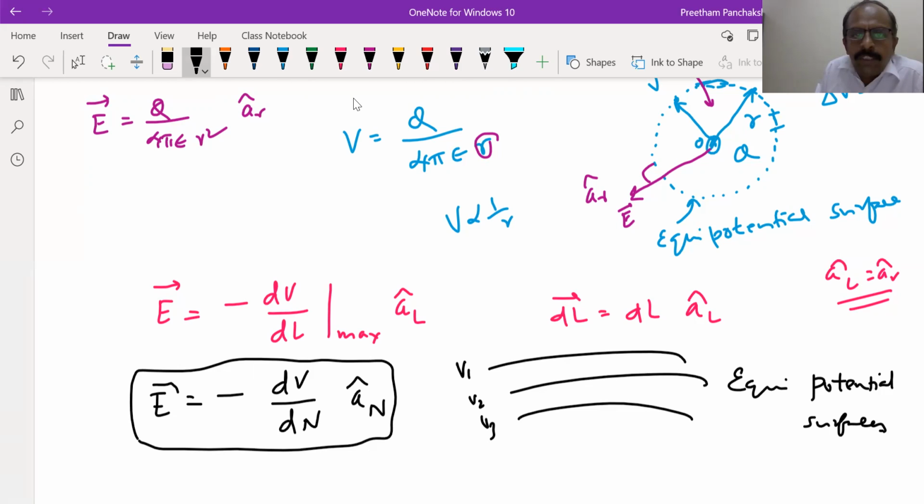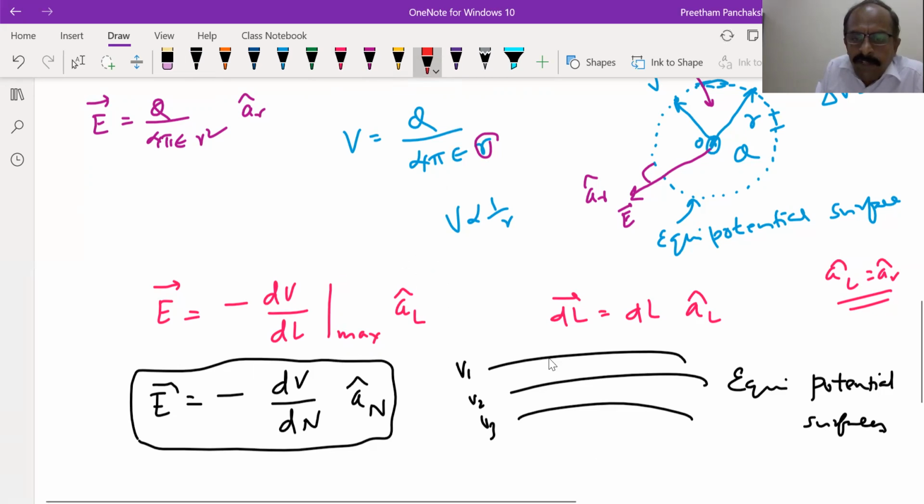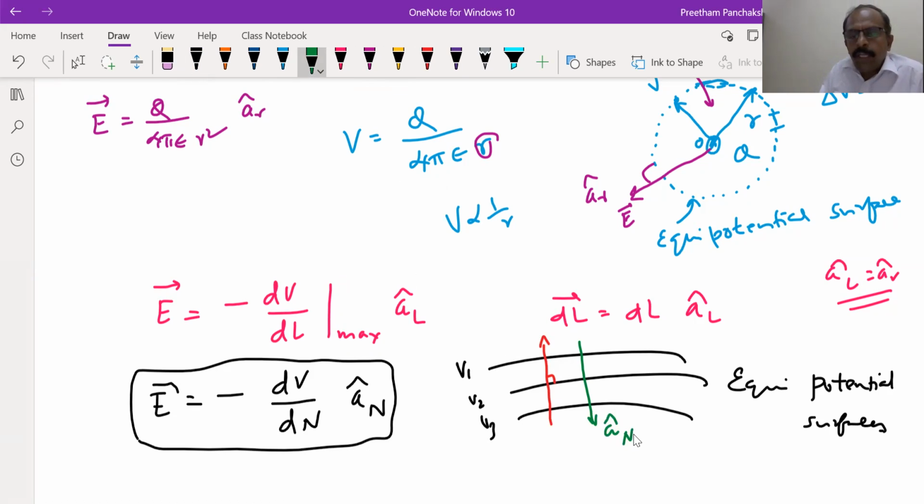If these are equipotential surfaces, then the electric field direction, as per our discussion, would always be perpendicular to the equipotential surface. And also the maximum rate of change of electric potential happens perpendicular to the equipotential surface and opposite to the electric field. So this is going to be the direction called a cap n. So a cap n is the unit vector perpendicular to equipotential surfaces as well as opposite to the direction of the electric field.